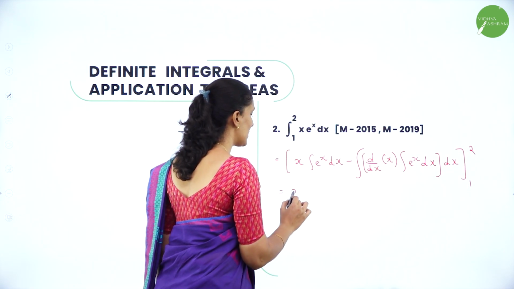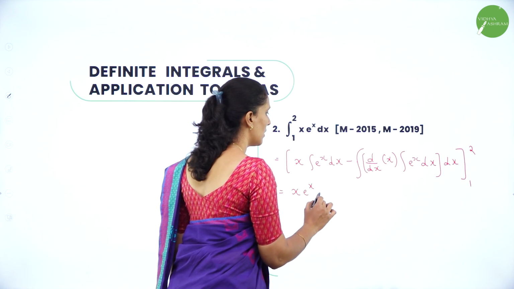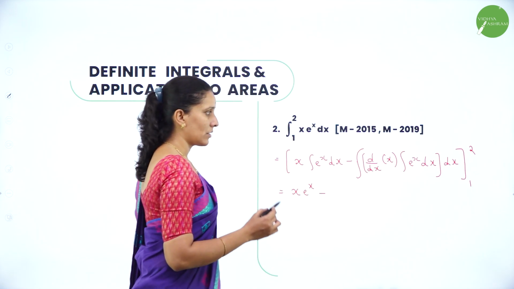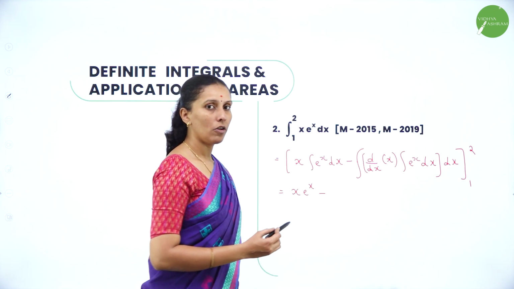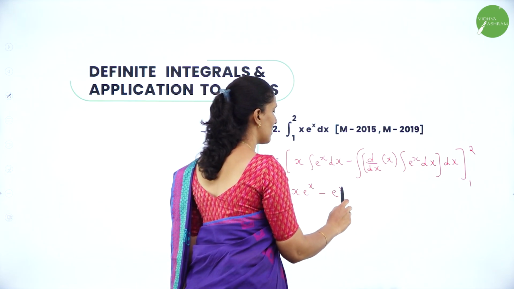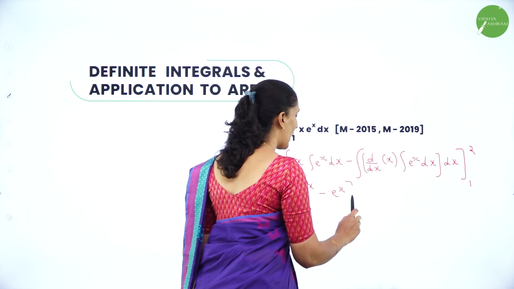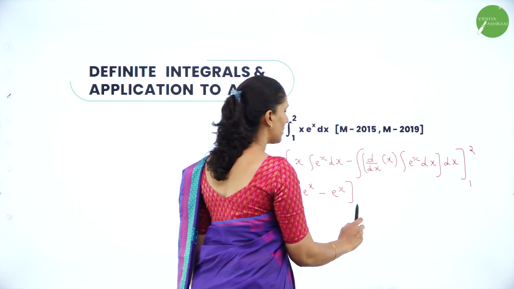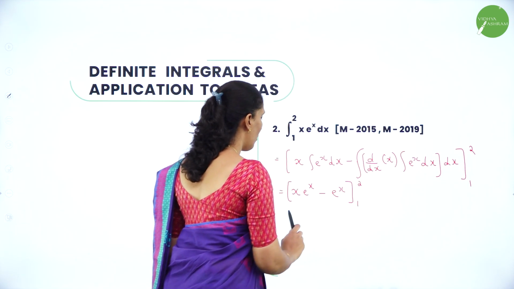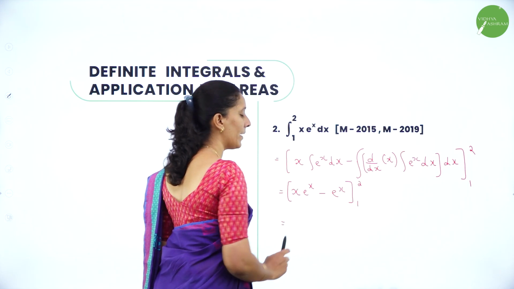So we'll get this as x into e power x minus derivative of x is 1, integral of e power x is e power x, again integral of e power x is e power x. So here no need to write plus c because we are applying the values here. So that is from 1 to 2. Now let us apply the upper limit first.